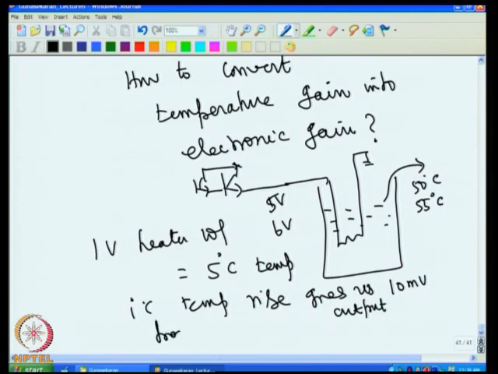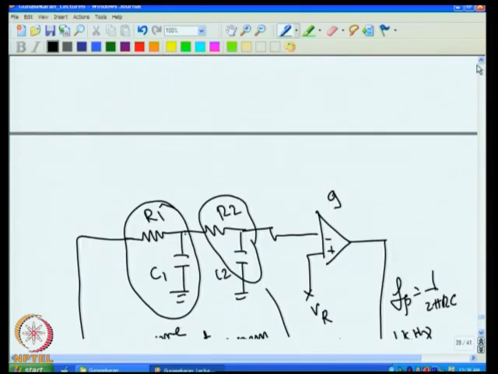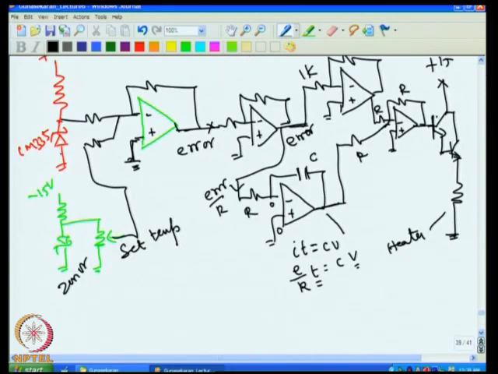That means if 1 degree change occurs, then I will have 10 millivolt change in the error voltage, because if you go back to our circuit, 1 degree change here will give us 10 millivolt change here.